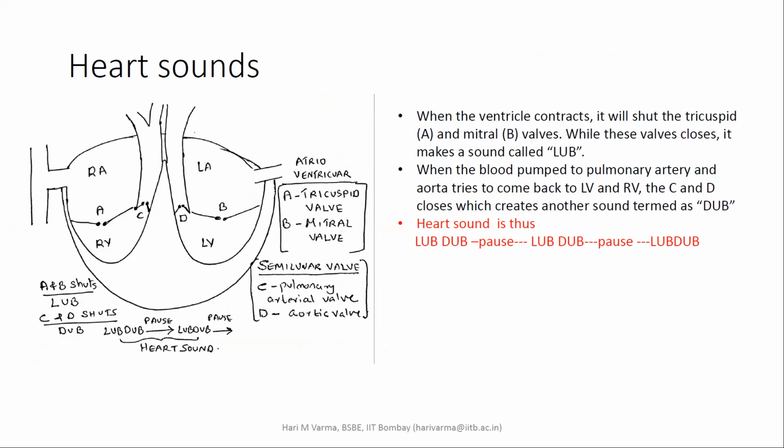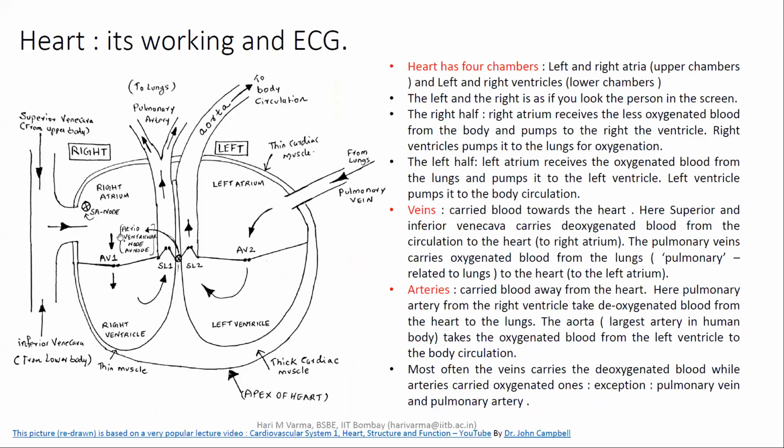not while opening. Let me use the same figure so it will be easy. When the ventricle pushes with high pressure, this SL1 valve will open. As I told you, it is designed to open to the aorta or to the pulmonary artery.